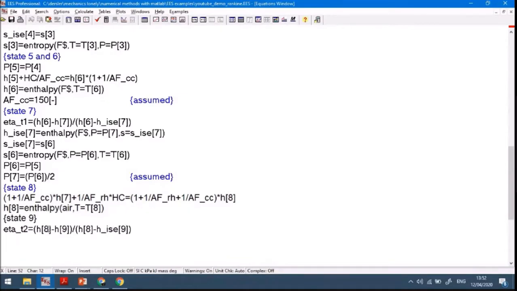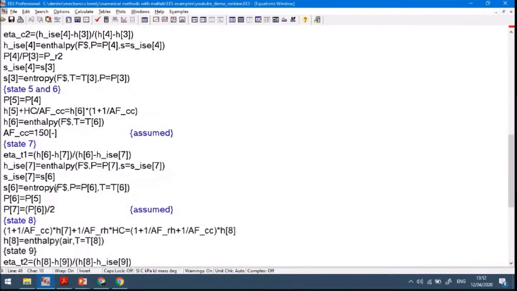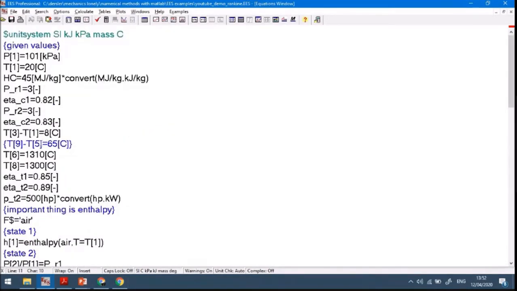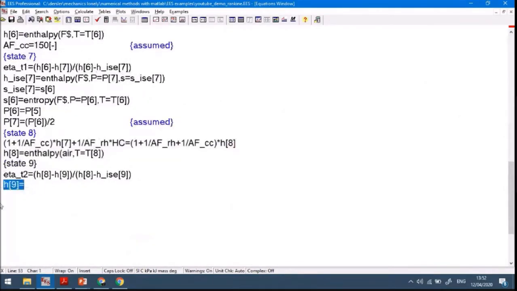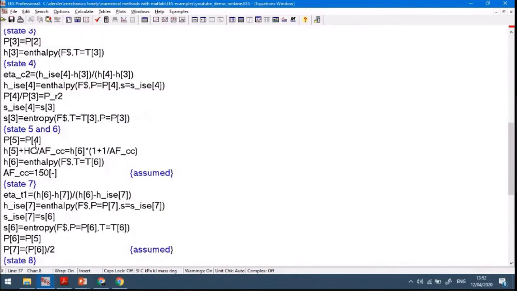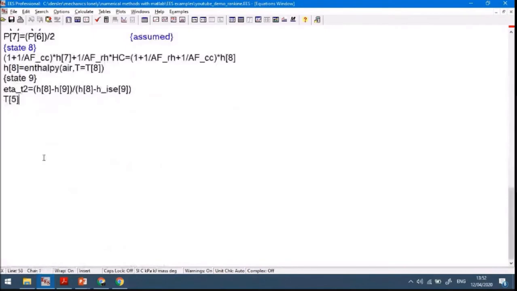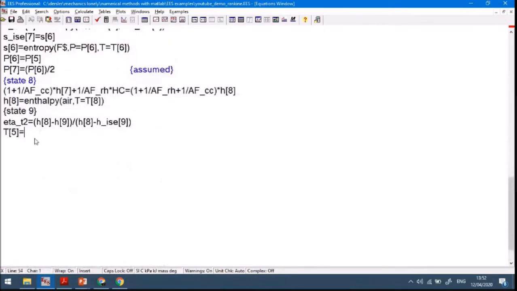Here I know 8, and I don't know enthalpy at 9 and enthalpy isentropic at 9. So let's find enthalpy at 9. Let's see if we can find temperature at 9. Temperature at 9 and temperature 5 is 65 degrees. I should find the temperature at 5 because I have not found it. Our only aim is enthalpy. Therefore, we leave the values that we need till we need them.